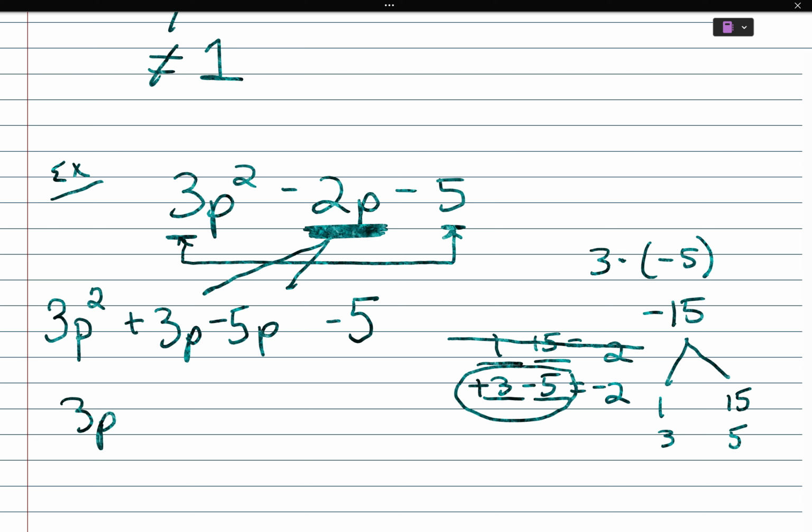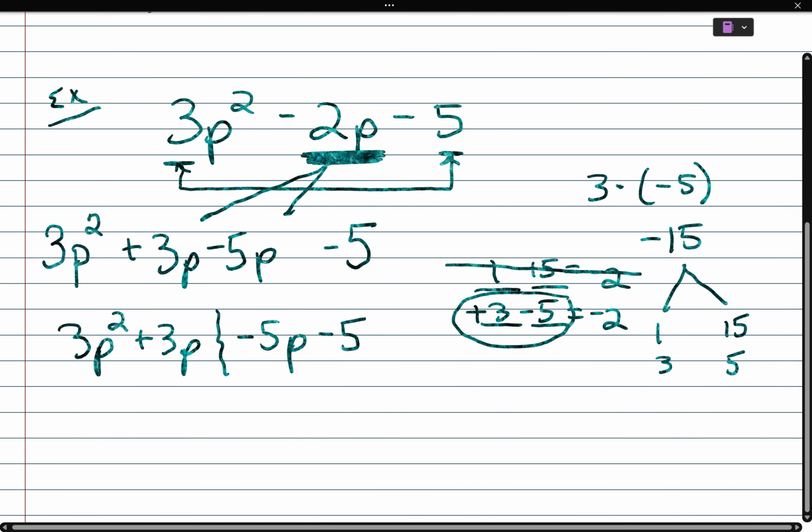So it looks like I'm going to group together 3p squared and 3p, and -5p and -5, right? Because it looks like the 3p squared and 3p have a 3 in common as well as a p. The -5p and the -5 have a 5 in common.